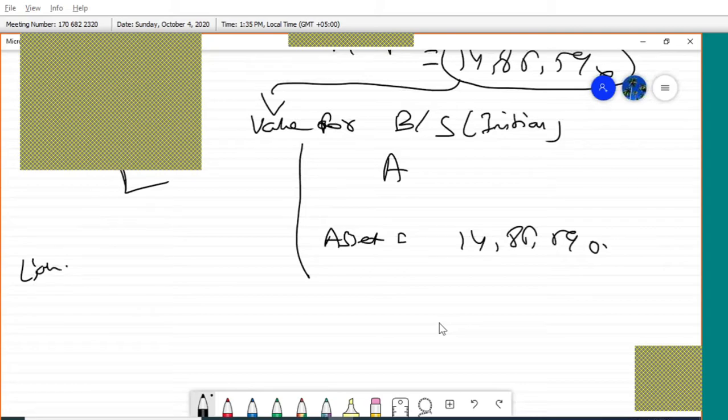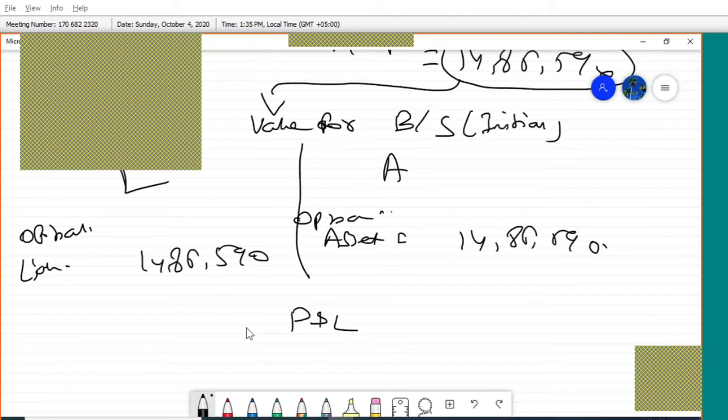Liability value is 14 lakh 85,590. Opening balance. Then what is the next step, sir? Next step is, as I said, every year we have to account in the P&L account and balance sheet.